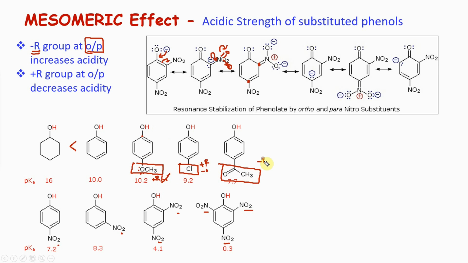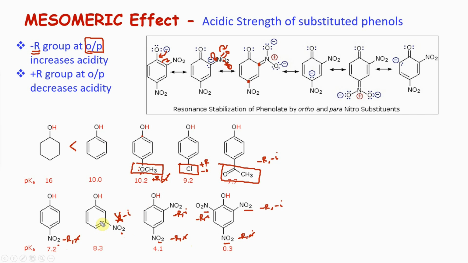Because of the C double bond O, minus R, minus I. NO2 is minus R, minus I. Here there are two. Here, minus R, minus I. This is in meta position, so there is no meta effect for R, only ortho and para, so only minus I. Here I can drop minus I because it is far away.